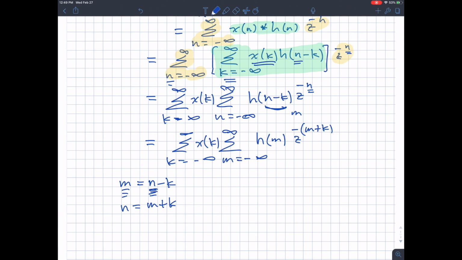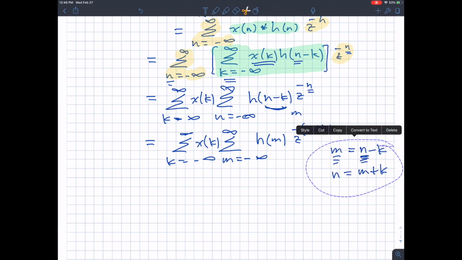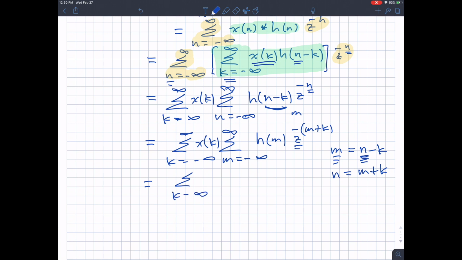All right, so I just manipulated that sum a little bit with a change of variables. From there, what we notice is that this exponential will factor. Using properties of exponentials, I can bring the part that has a k on it outside this summation loop for m.